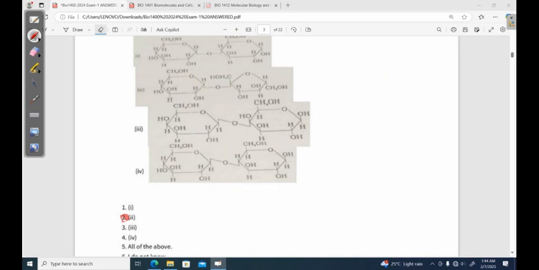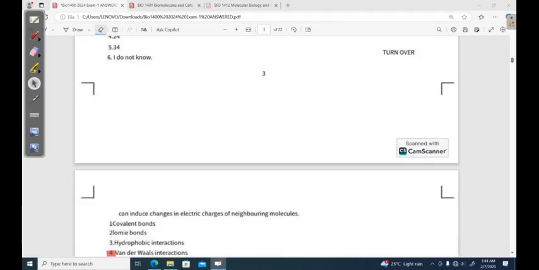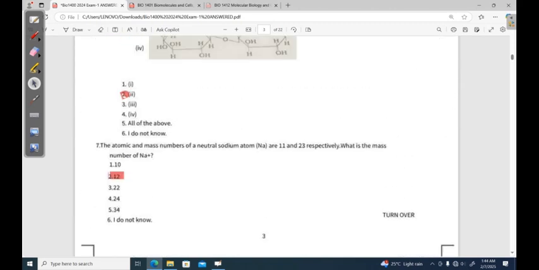Okay, next question that we'll look at, question 7. The atomic and mass numbers of neutral sodium are 11 and 23. So let's write it down: the atomic number and mass number. The atomic number of sodium is 11, and the mass number is 23.